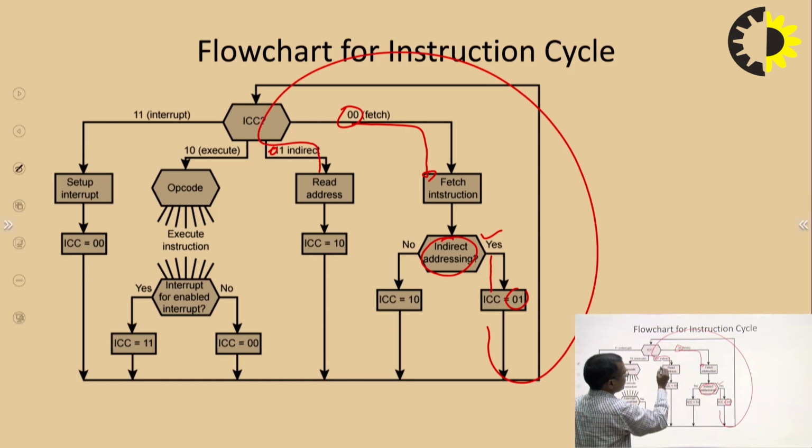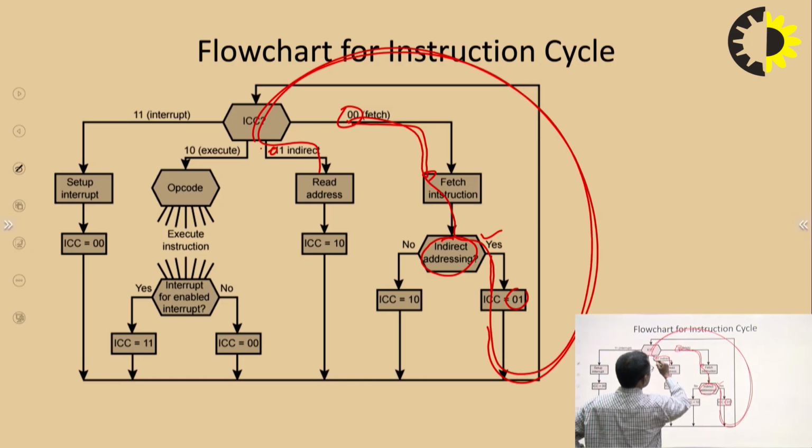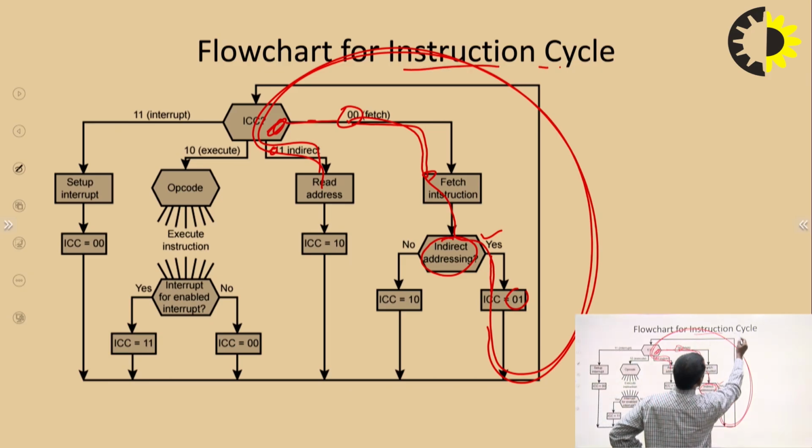So the user can easily see this is a cyclic pattern. Yes or no? You are starting from the same point and after passing through this path, again coming to the same point. Fine. So in this way it creates a cycle. That's why it is called the flow chart for the instruction cycle.